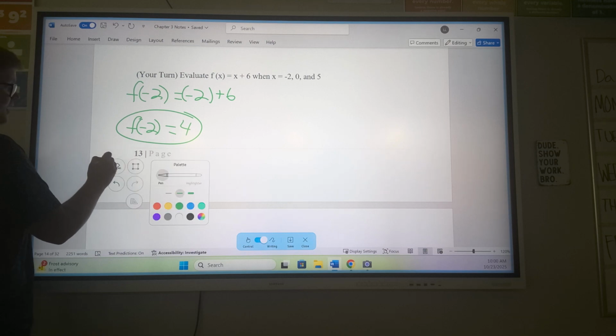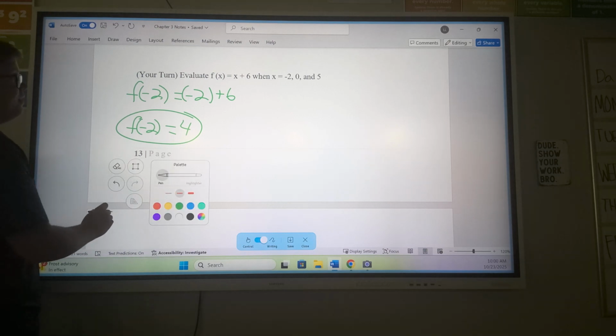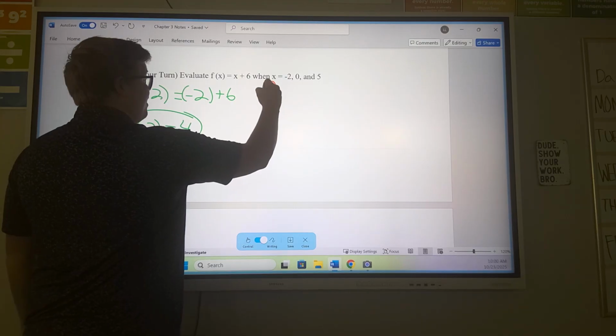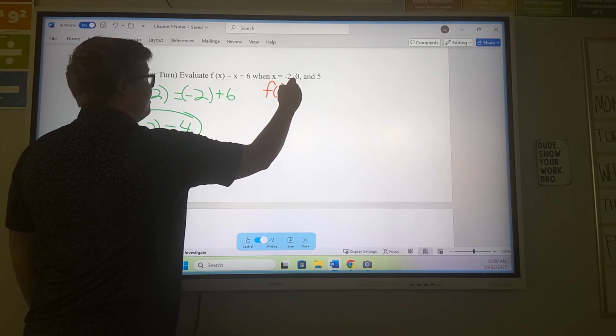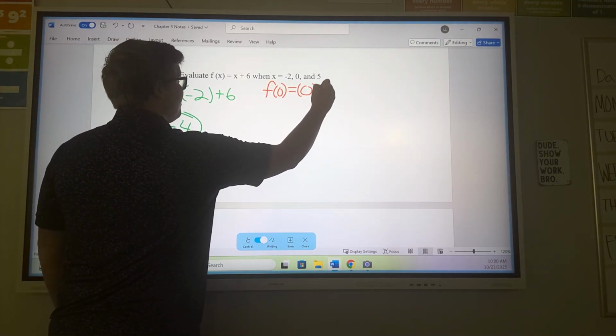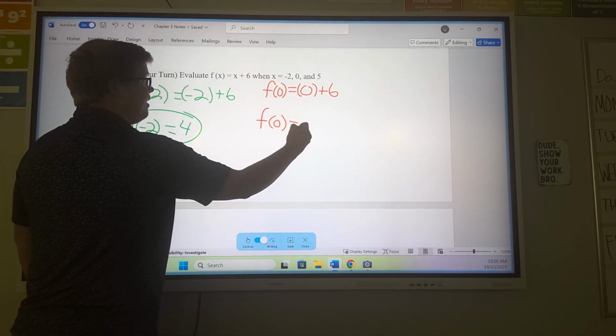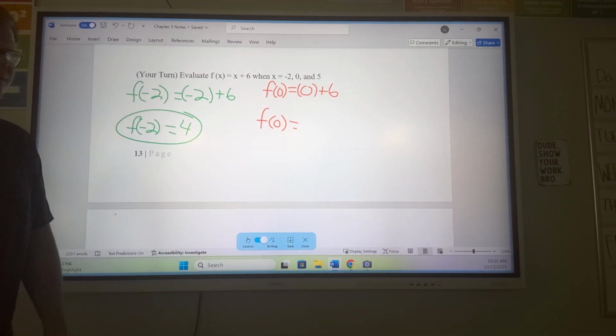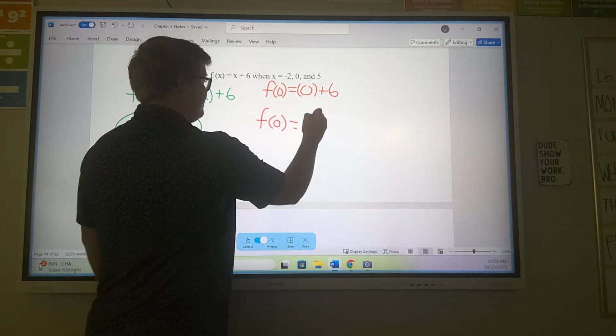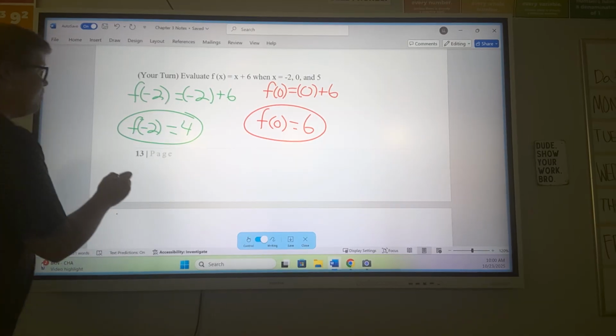Okay, let's do a second one now. We're going to plug 0 in. For f of 0, when I plug 0 in for x, I got, well, 0 plus 6 is 6. So f of 0 equals 6. Okay, and now we'll do our third one.